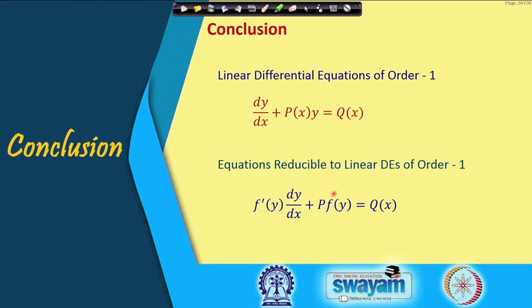Then by the substitution of f y equal to v, we can convert this equation into the linear equation in v, and then we can solve the linear differential equation which we have explained in today's lecture.